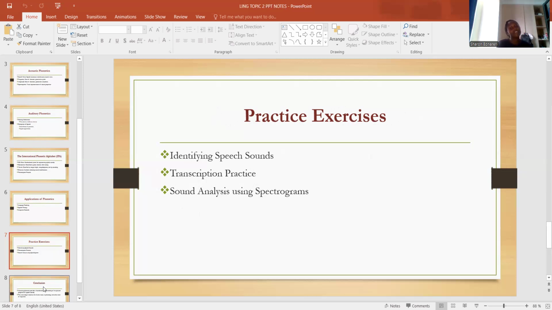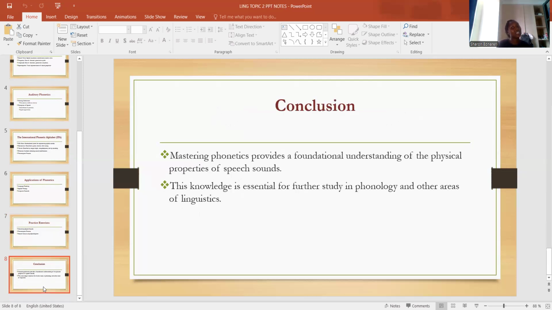Finally, I'll be concluding that in this topic you have to master the concept of phonetics. In your mind, you should at least have some content. Mastering phonetics will provide a foundational understanding of the physical properties of speech sounds.